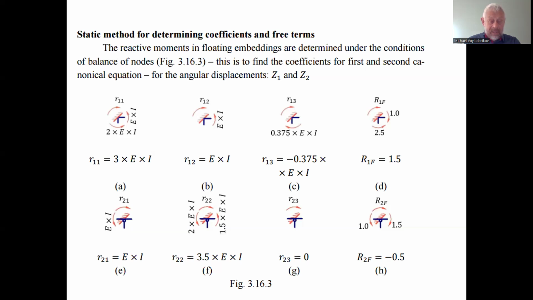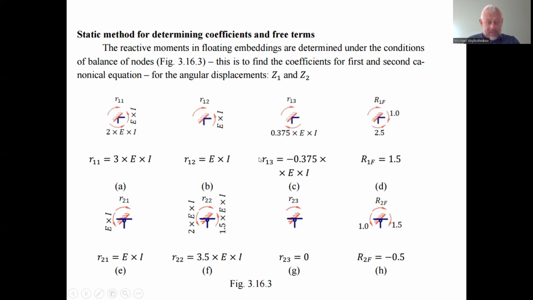R with the indexes: the first is the direction of the effort application, and the second is the direction and the point of the cause of the effort arising. So it's not so important to consider what the physical sense is, because it's rather formal.